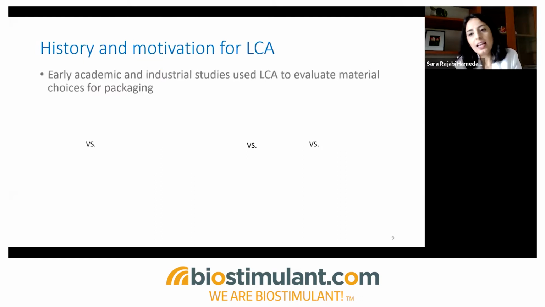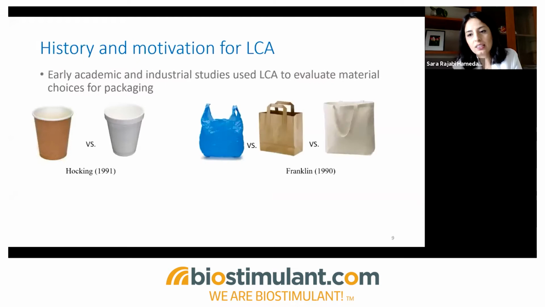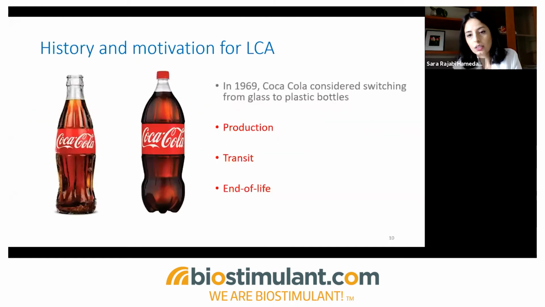The initial LCA studies were also carried out to choose material in industrial products. For example, studies were answering which material are appropriate for packaging: paper, plastic, or cotton. In 1969, first multi-criteria study was performed for a Coca-Cola company.